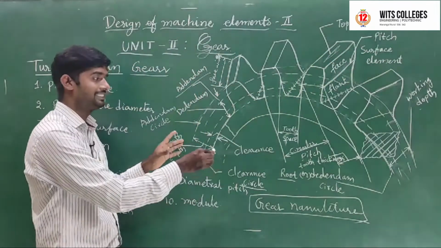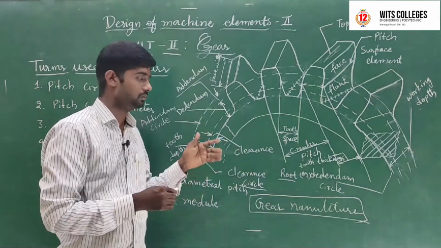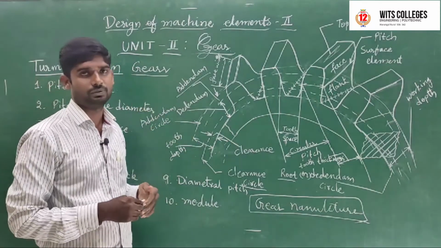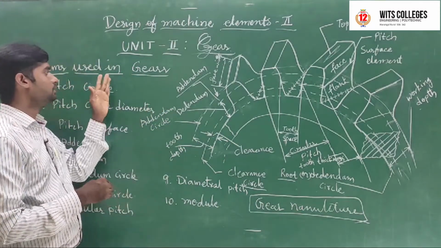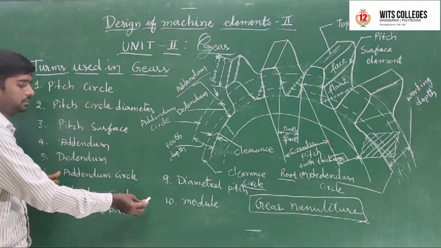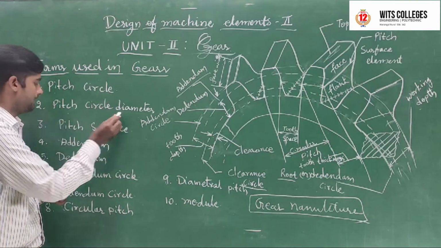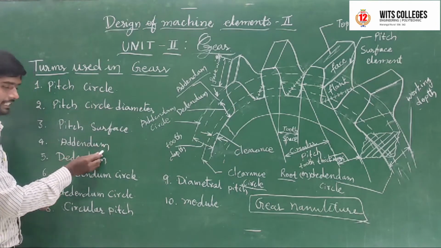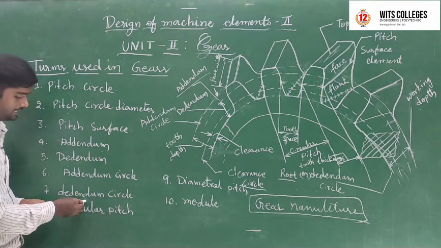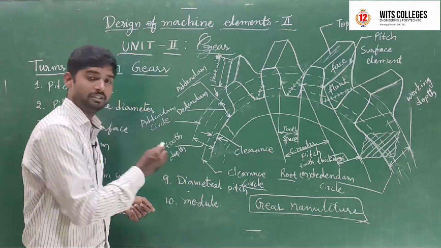These are some important terms used in gear nomenclature. The first most important 10 are the pitch circle diameter, pitch surface, addendum, dedendum circle, addendum circle, circular pitch, diametral pitch, and module.